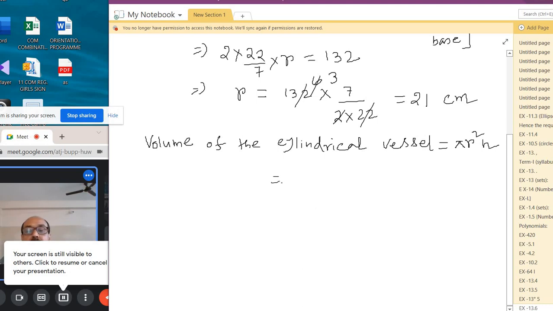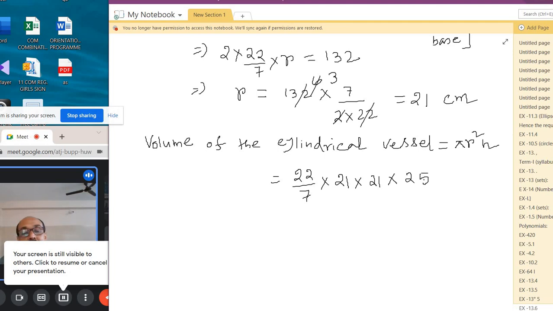So equal to 22 by 7 into radius, which is 21, into 21, into height, which is given as 25 centimeter. The unit of volume is centimeter cube.